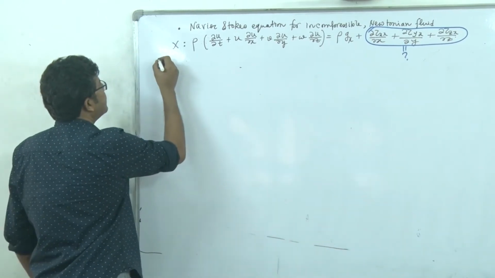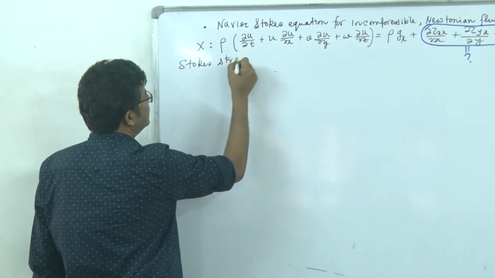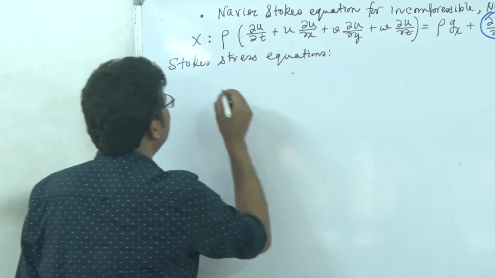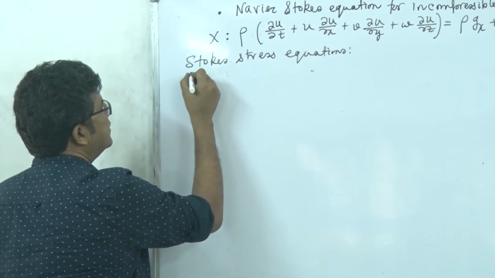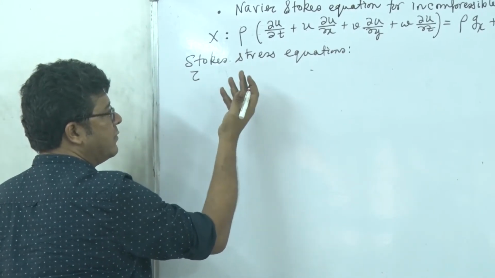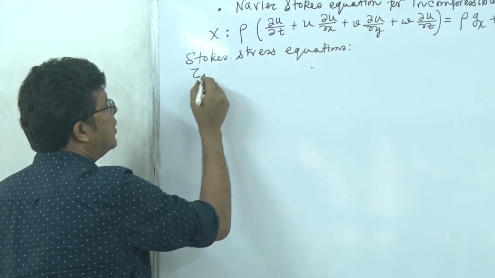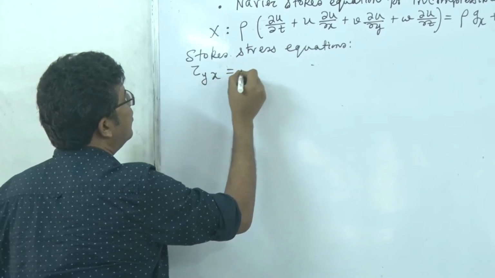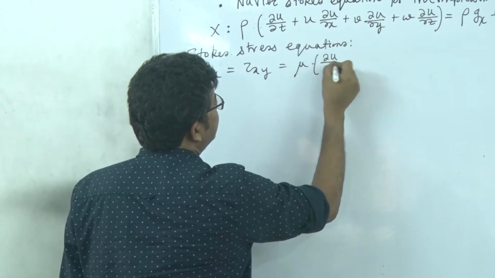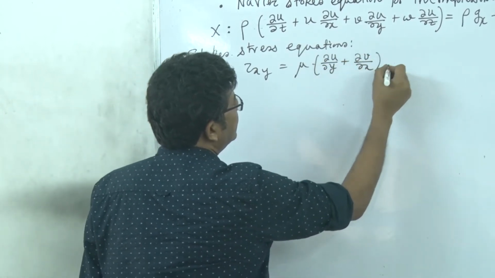You see that these are called the Stokes stress equations. What are they? First, the shear stresses, already derived from the generalization of Newton's law using the concept of angular deformation, which gives tau yx equal to tau xy equal to mu times del u del y plus del v del x.